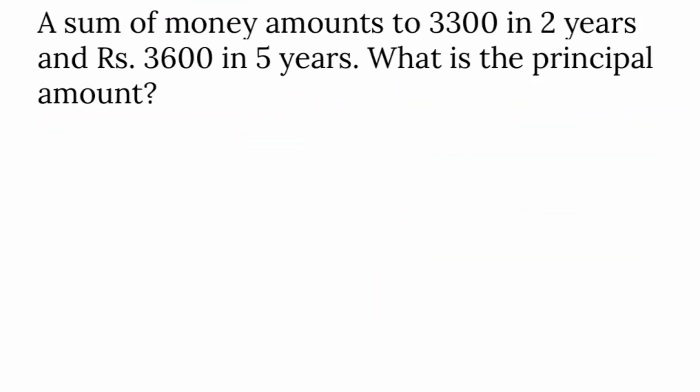See, a similar problem is given. A sum of money amounts to 3,300 rupees in 2 years and 3,600 rupees in 5 years. What is the principal amount? The amount for 2 years is 3,300. The amount for 5 years is 3,600.